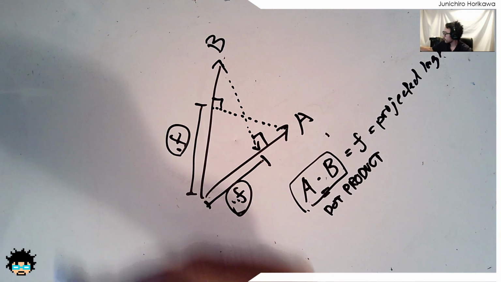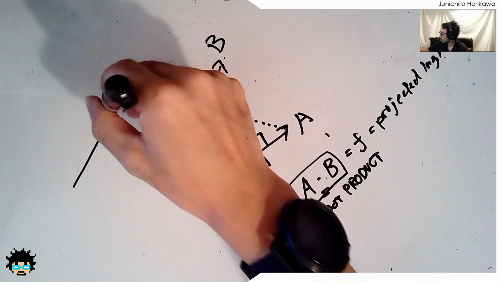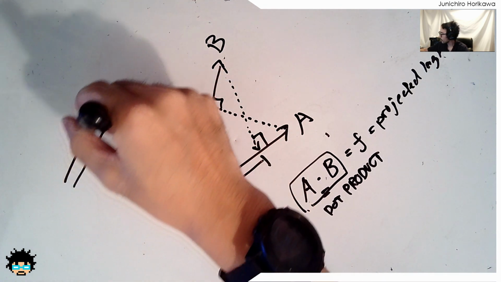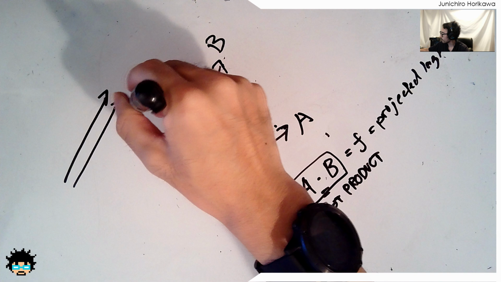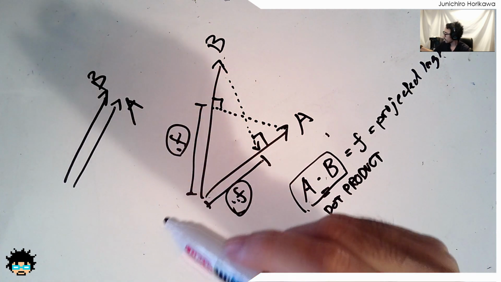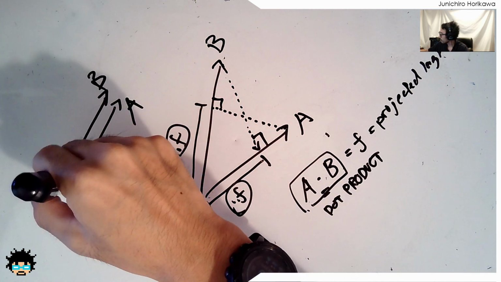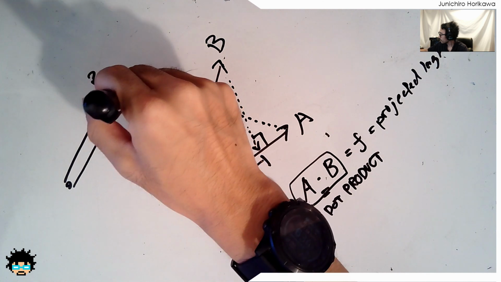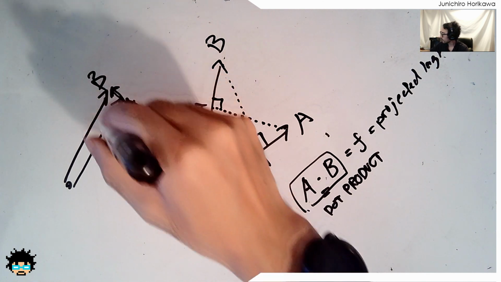So if the length of both A and B is the same and aiming at the same direction like this, then if you project A to B, it goes directly to this.